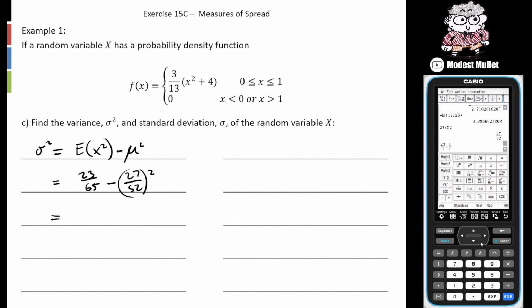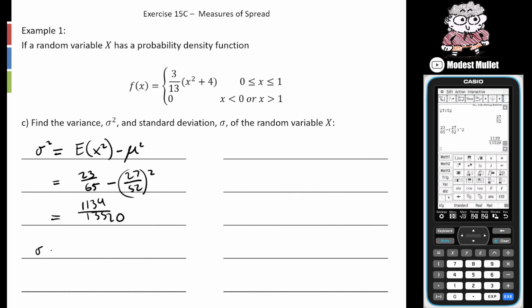So that is going to be 23 on 65, take away 27 on 52, and that all needs to be squared. Actually, let's put that in brackets to note. Just to make sure we're in standard, let's execute. Yes, so that's not nice. That's 1139 on 13520. Okay, so that's our variance.